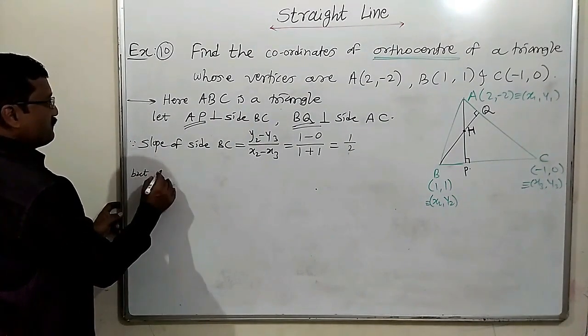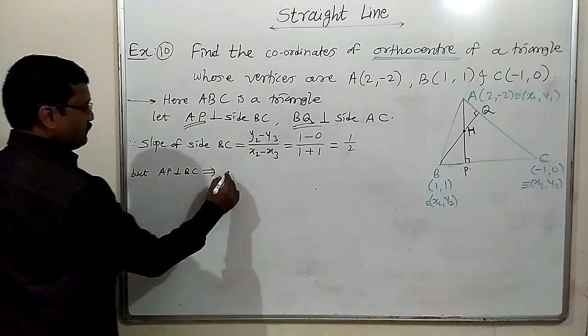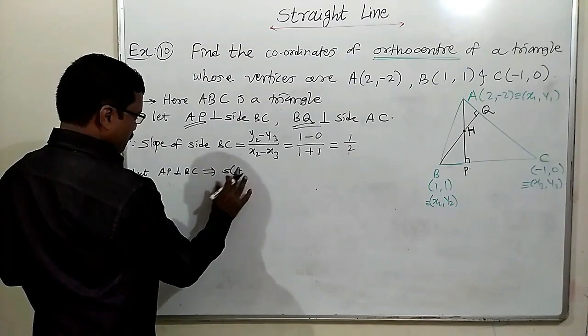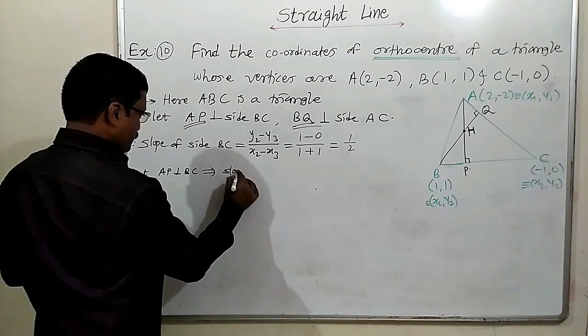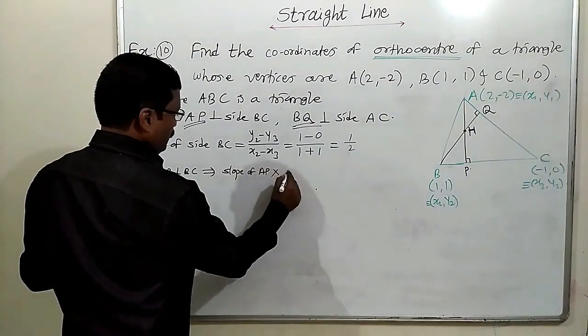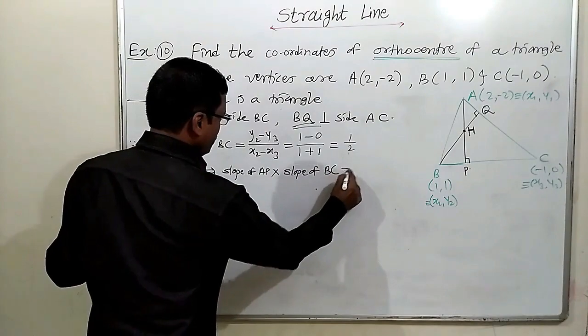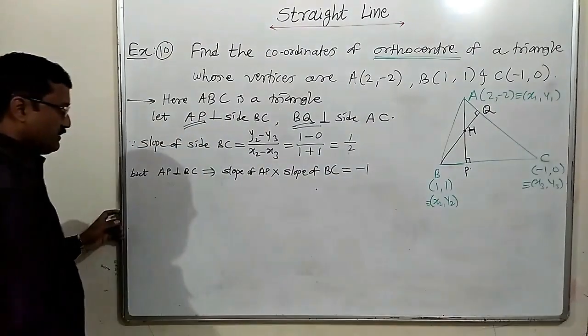But AP is perpendicular to BC, which implies slope of AP into slope of BC is equal to minus 1.